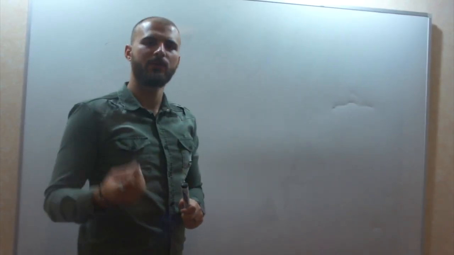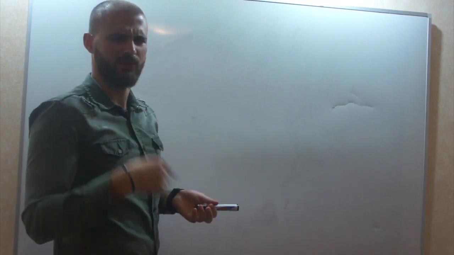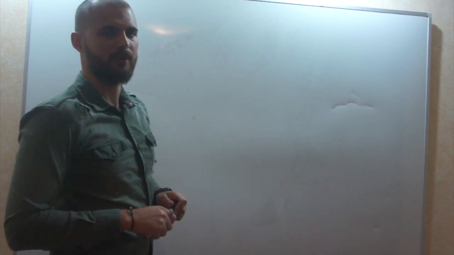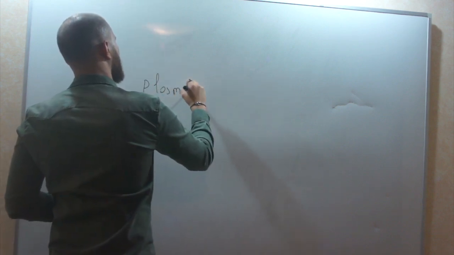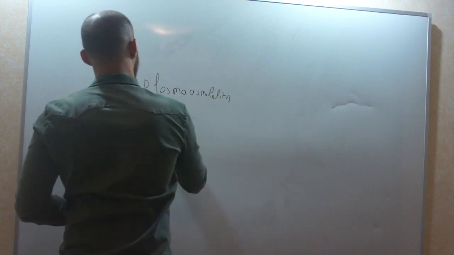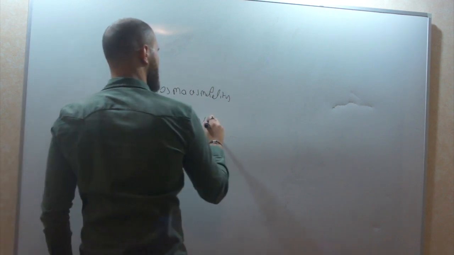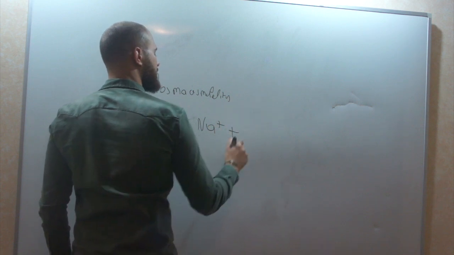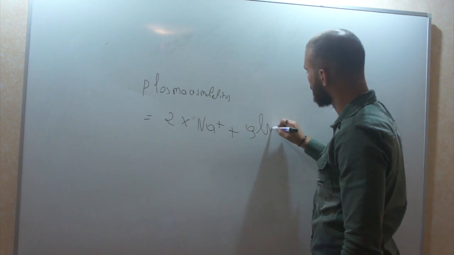If you want to calculate the plasma osmolarity, I have a formula, so you don't do all this conversion as I told you. This is like a shortcut, but I wanted to explain how it works before. That's why I gave all the details. So the plasma osmolality is equal to 2 times osmolality of sodium plus osmolality of glucose.